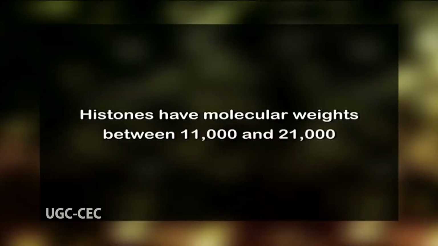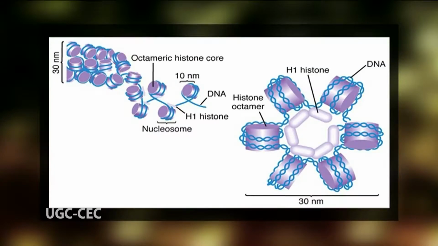Histones are small basic proteins found in the chromatin of all eukaryotic cells. Histones have molecular weights between 11,000 and 21,000 and are very rich in the basic amino acids, that is arginine and lysine. Together, these make up about 1/4 of the amino acid residues.